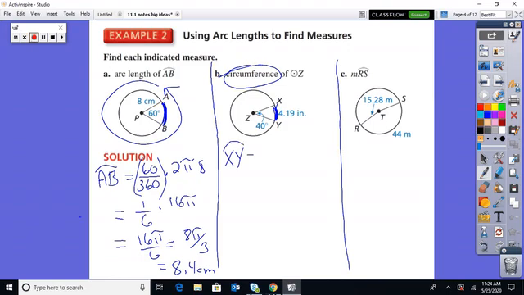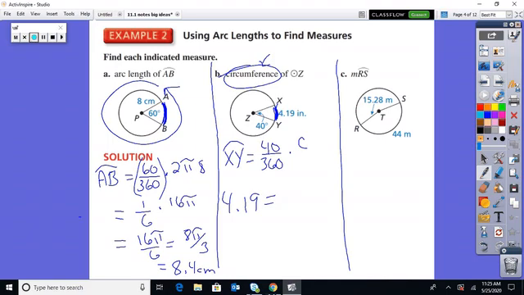I know XY has to equal 43/60ths times 2 pi r, or the circumference. Since they're talking about circumference, I'm going to go straight to just the big C instead of the 2 pi r. All right, now I know the left-hand side. I know what XY is, so I'm going to plug it in.